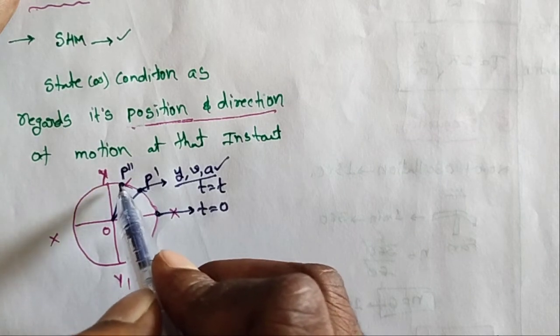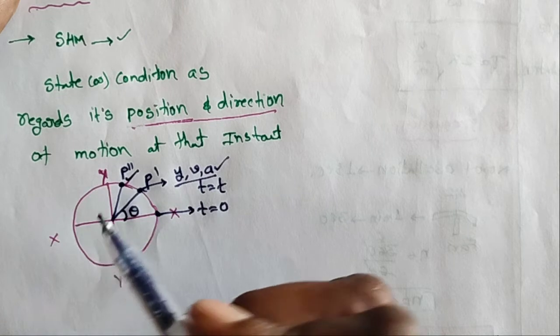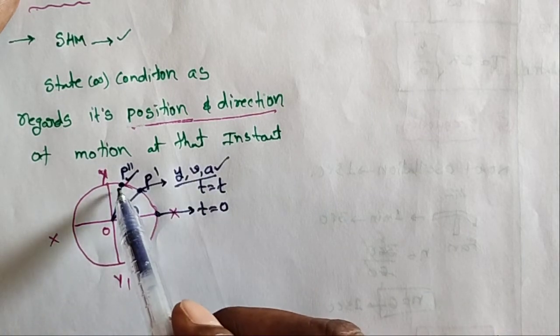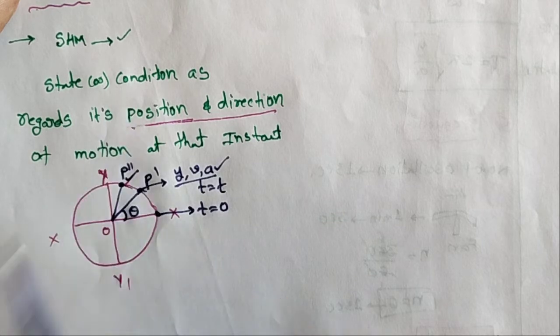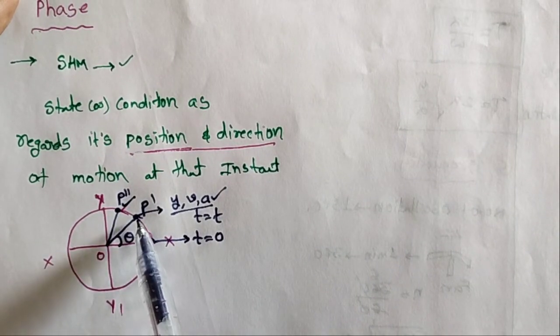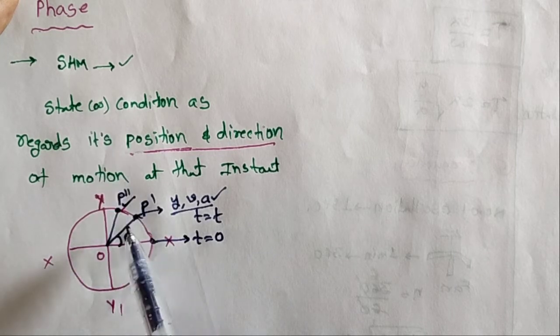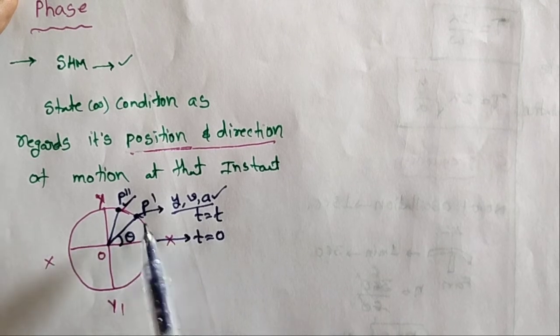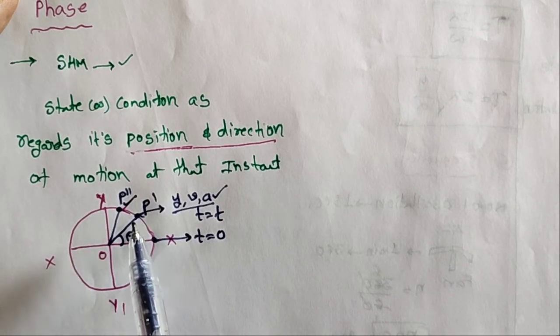At this instant of time, you can explain all these conditions, that is, what the position is and what the direction is at this point. That is called phase. The phase in simple harmonic motion explains the position and direction at that point.